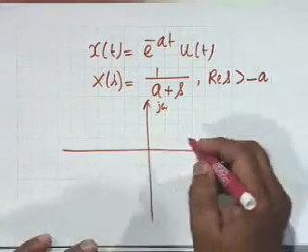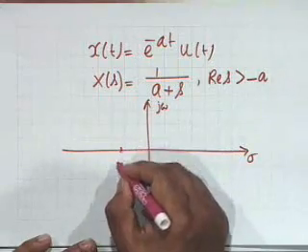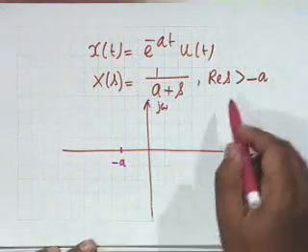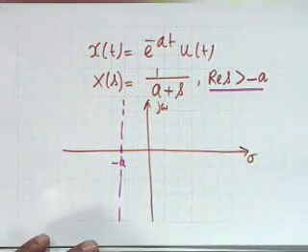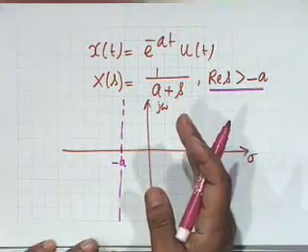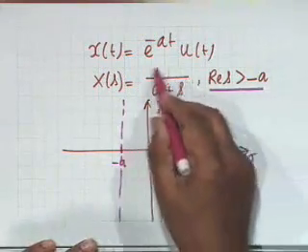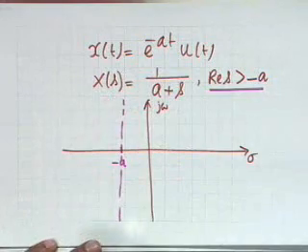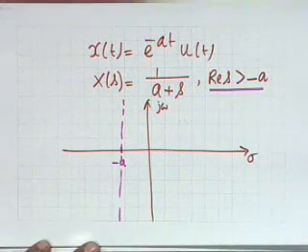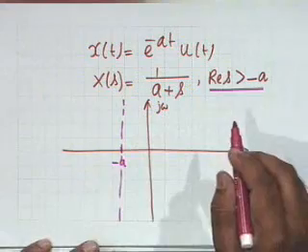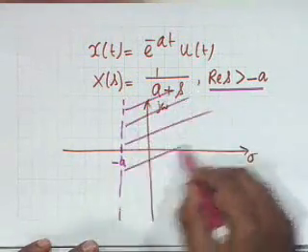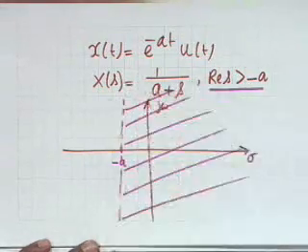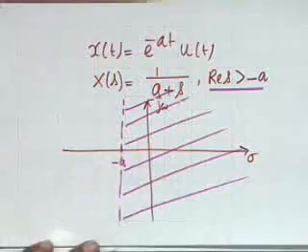So, suppose a is positive, then minus a obviously is somewhere here. Real part of s greater than minus a means that if you draw a line parallel to the j omega axis, then this Laplace transform capital X of s equal to 1 by a plus s shall exist only for real part of s greater than minus a. That means in the plane to the right of the vertical line sigma equal to minus a.